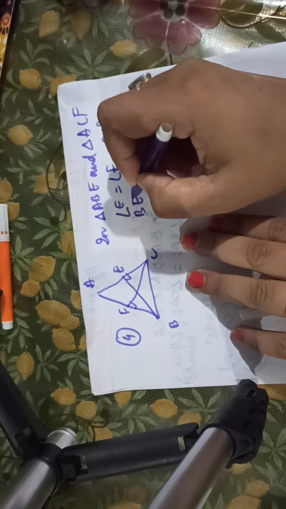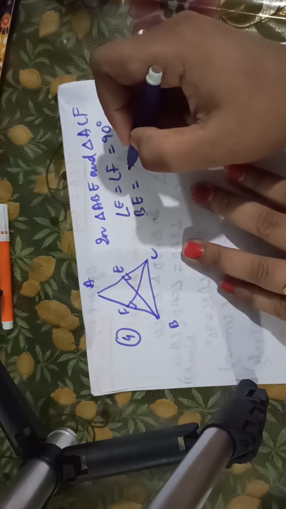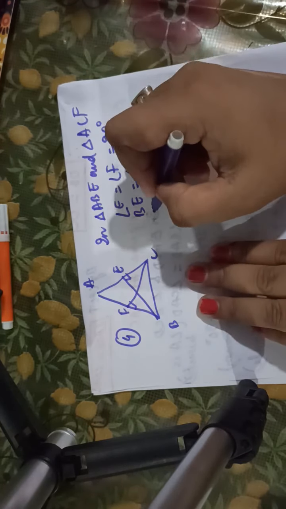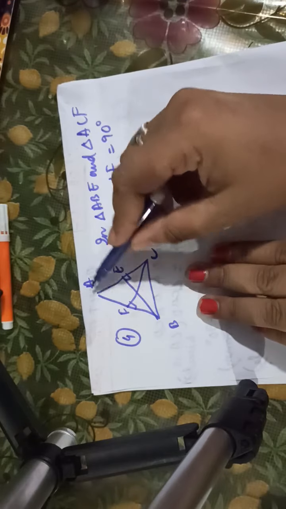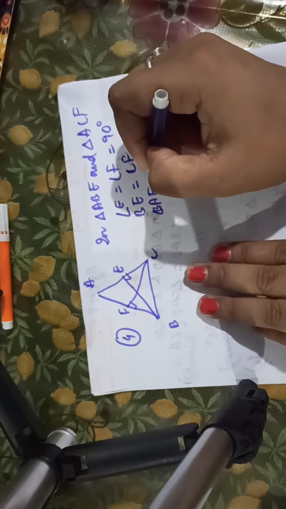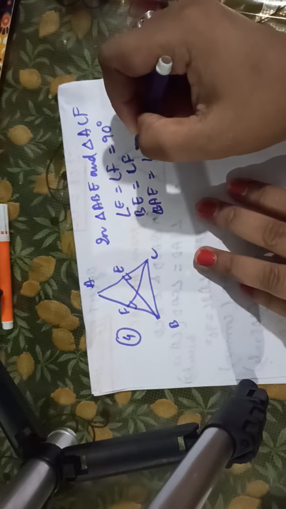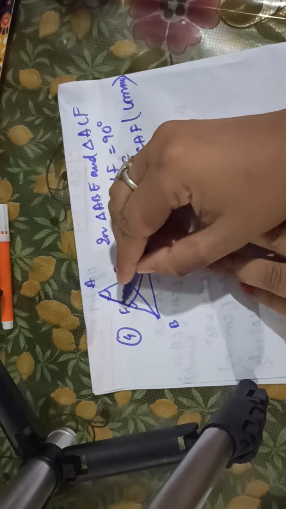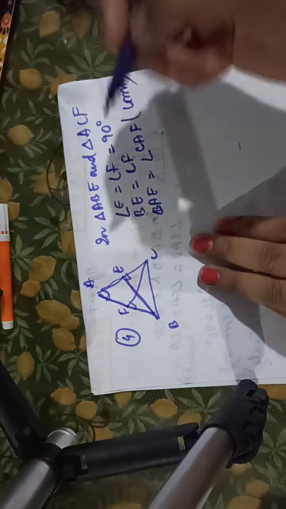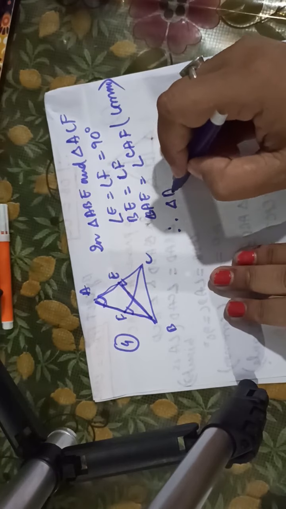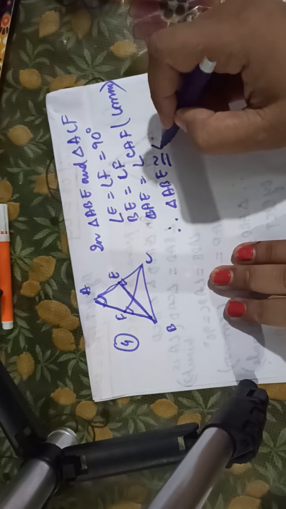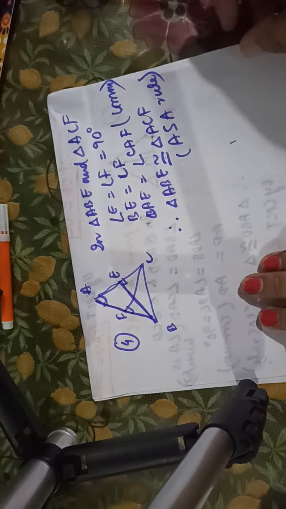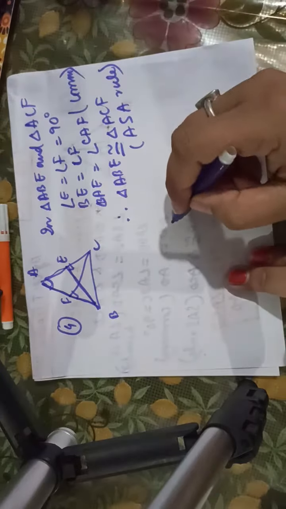Next, your altitude BE will be equal to the altitude CF, and one more, for triangle BAE and triangle CAF, angle A is common to both triangles. Therefore I can write that triangle ABE is congruent to triangle ACF by which rule? Angle side angle rule, isn't it? And this is the first proof.